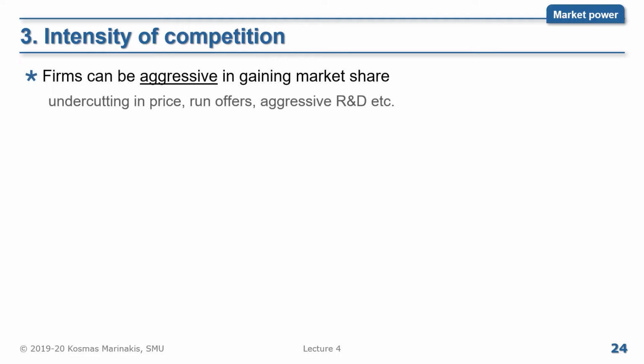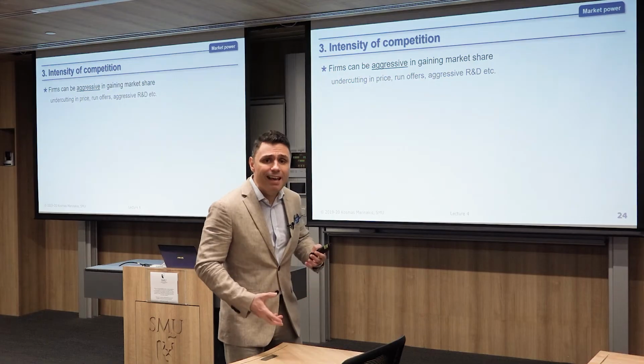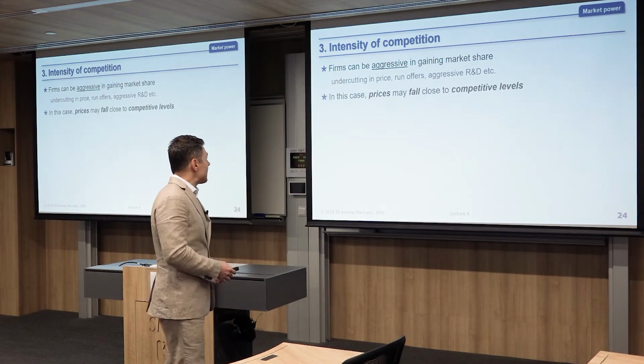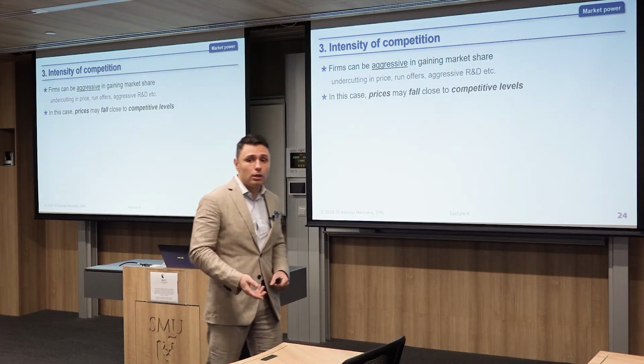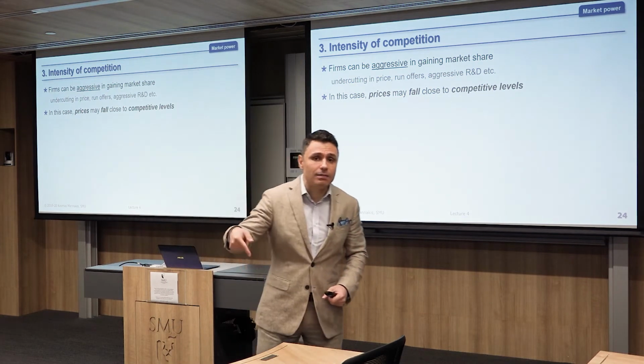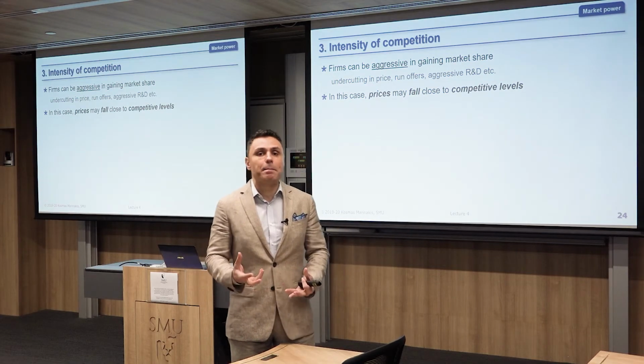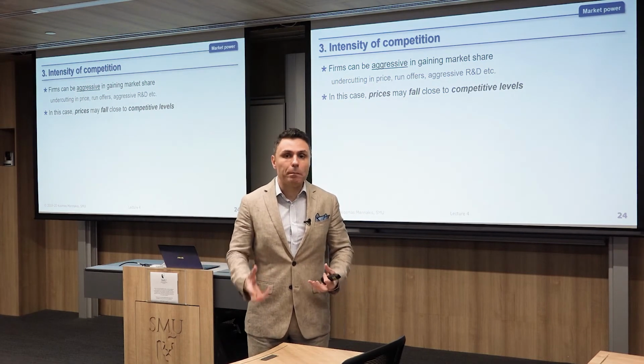There are some industries where traditionally competition is very intensive, and firms try to gain market share in any possible way, like undercutting each other, running offers, aggressive research and development, aggressive advertisement, and many other methods. In this case, prices may tend to fall close to competitive levels. For example, sometimes Coca-Cola and Pepsi aggressively compete with each other.